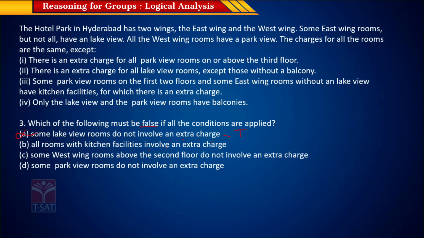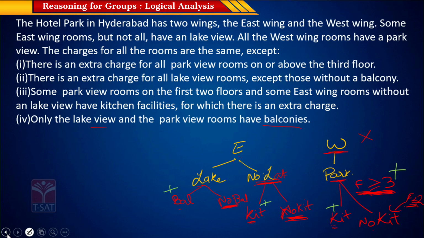All rooms with kitchen facilities involve an extra charge. Is that possible? If it has kitchen facilities, it will definitely be charged. There could be a room in the east wing which has a lake view but has no balcony.